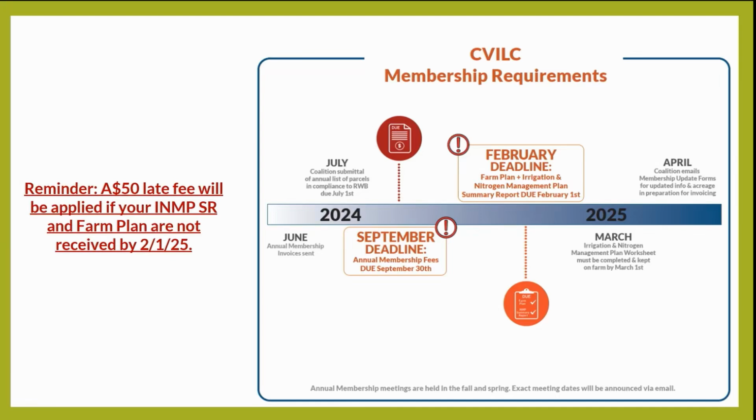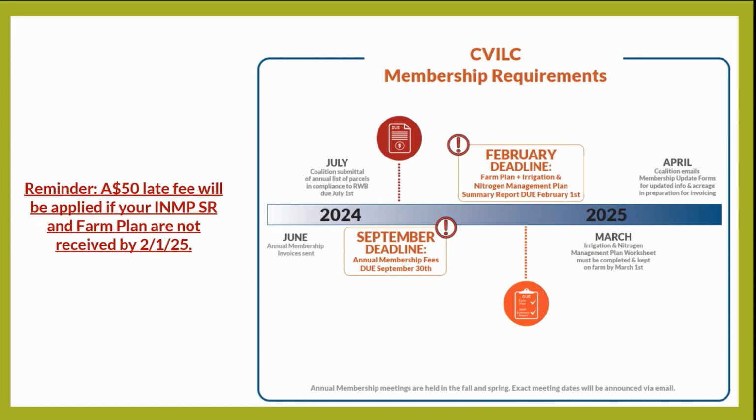This is just our reminder slide, coming to an end here: if you don't get your INP and farm plan in by February 1st, you will be assessed a late fee. We will send reminders, but please remember, and the portal is open. And then just a reminder about invoicing, which you all should be good with.